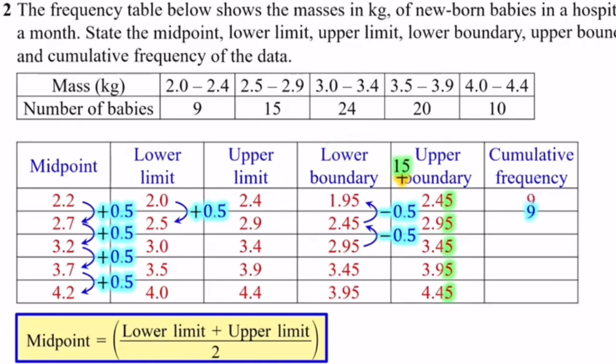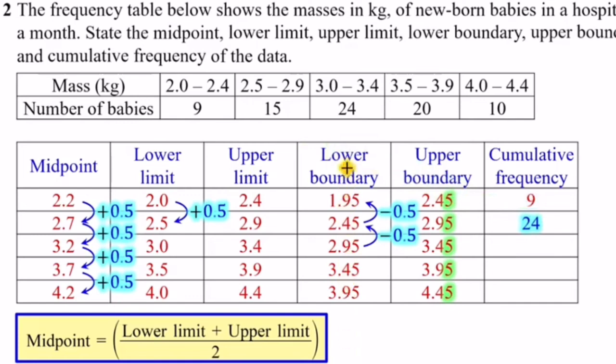Okay, so for the third one, after we get 15 plus 9, we get 24. We will take 24. Okay, let's settle down 15 plus 9, 24 first. So the 24 has to be added to the 24, because the frequency at 3.0 to 3.4 is 24. So we will get 48, right?